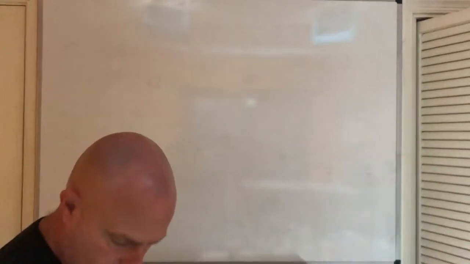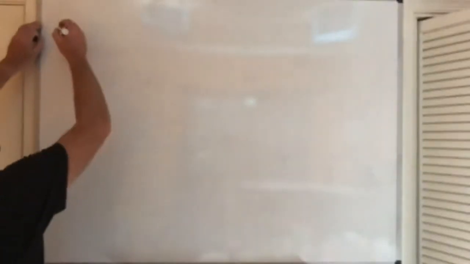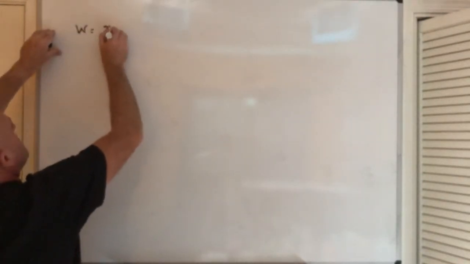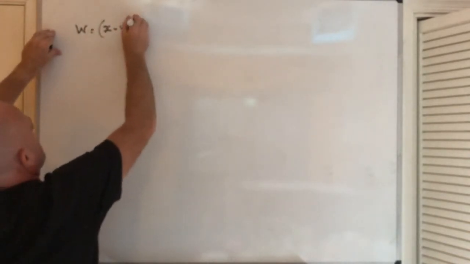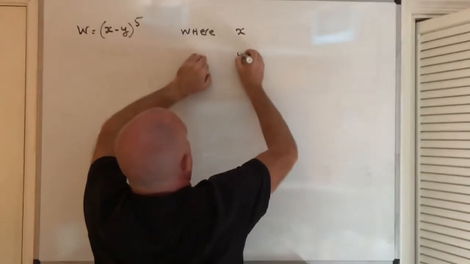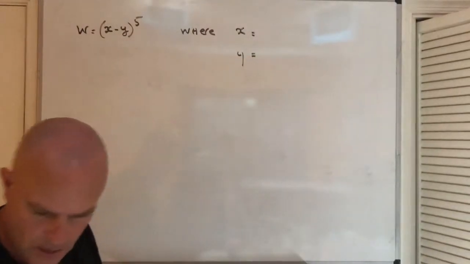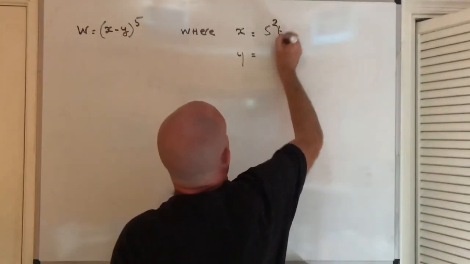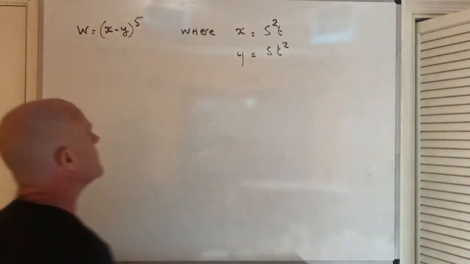All right, so first of all, maybe I should state the exercise. We have this function w equals (x minus y) to the power 5, where x and y equal s squared t and s t squared.